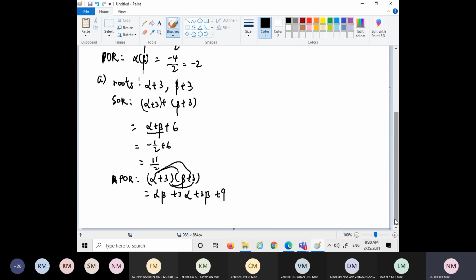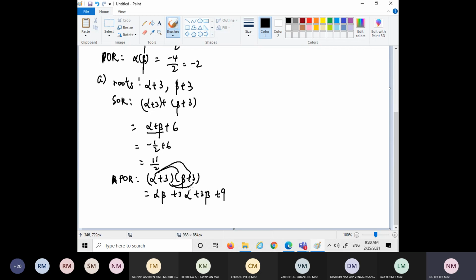Same thing, I have to rearrange it so that I can see alpha beta and alpha plus beta. You see alpha beta is ready, so I'm going to replace it with negative 2.